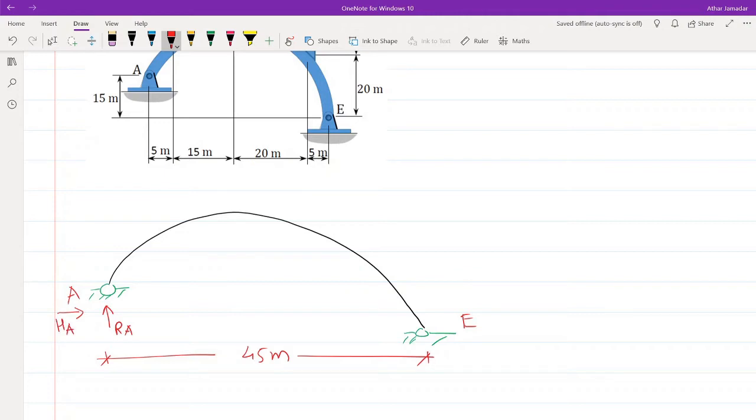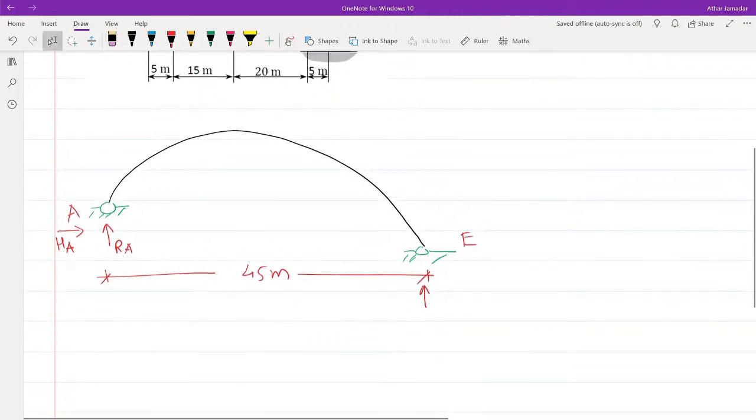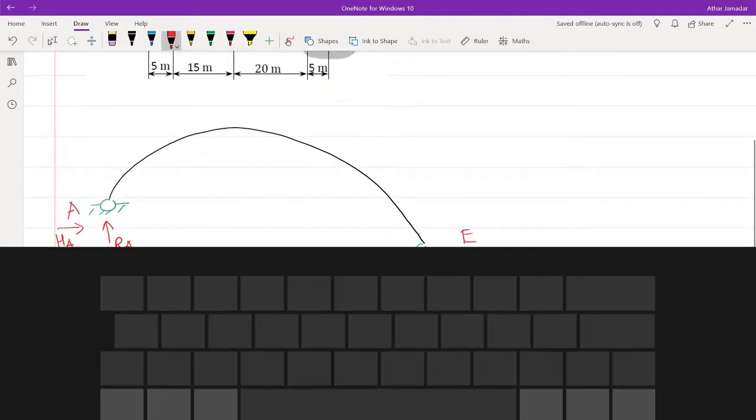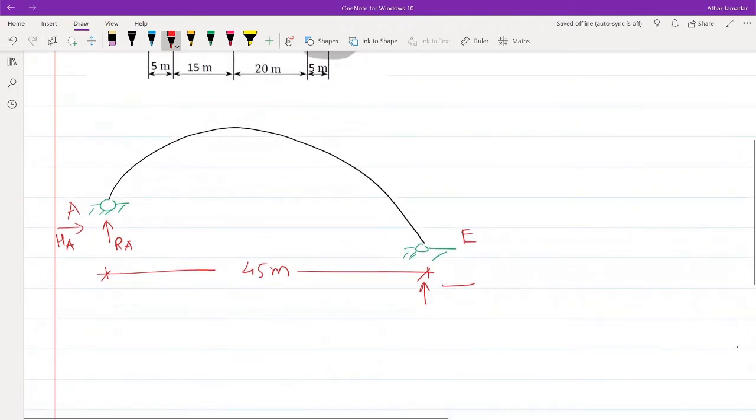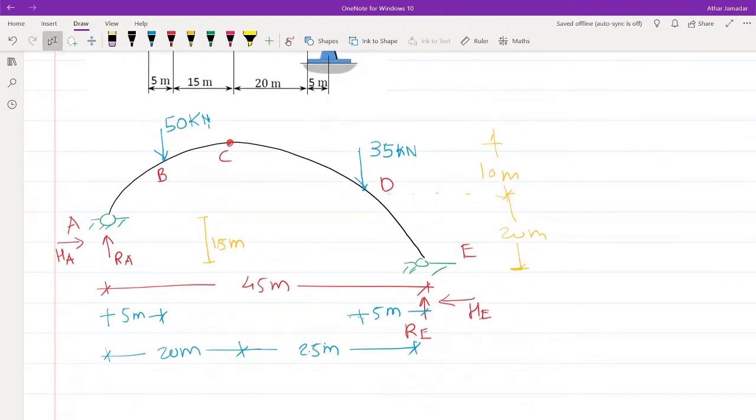And at support E, again one vertical reaction and one horizontal reaction, which we will name RE and HE. So we have to find out these four quantities: HA, RA, RE and HE.